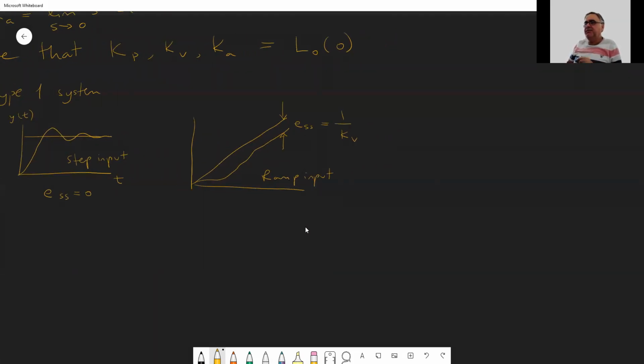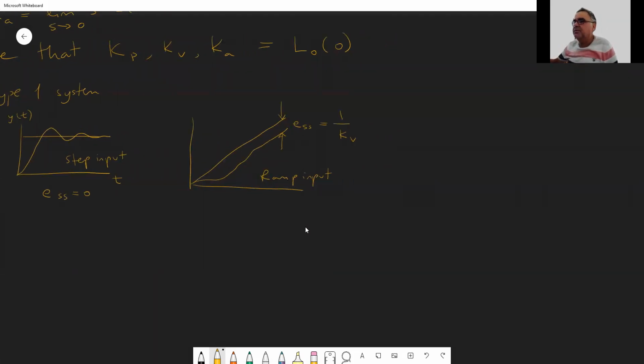But on the other hand, if you have a parabolic input on a type 1 system, like this is the input, and your response is going to diverge so that the steady state error will go to infinity here. This is the parabolic.